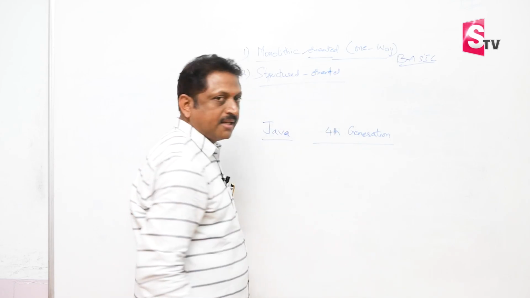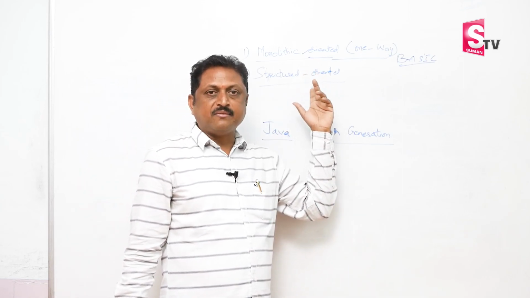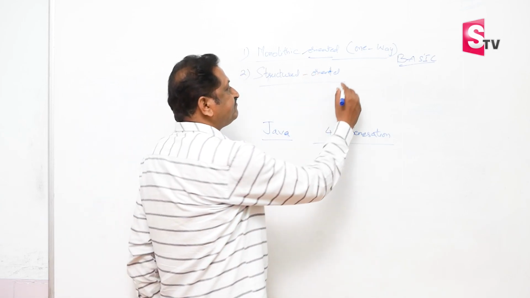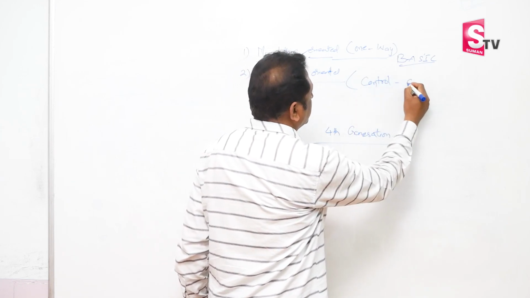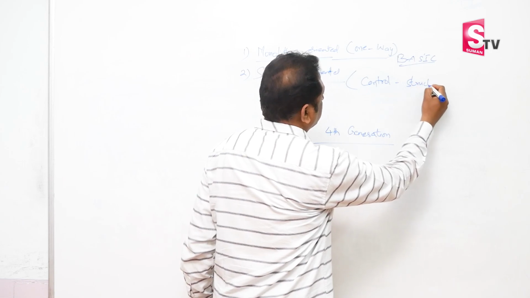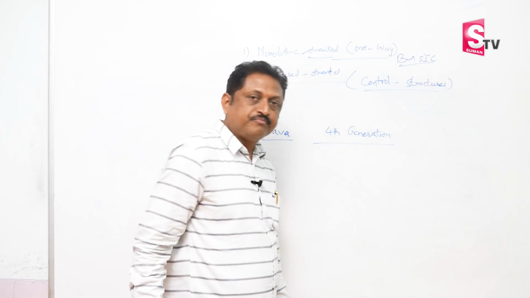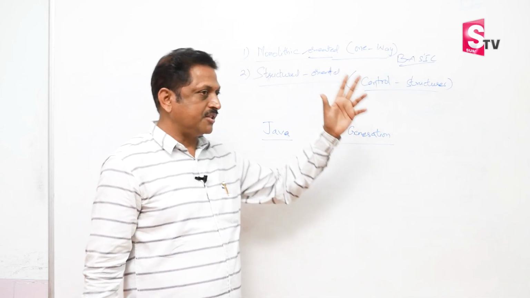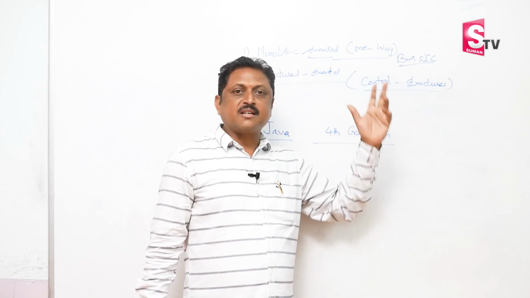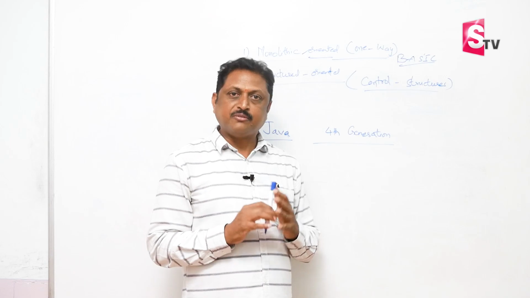In this structured oriented, one new technique, one tool was added, that is control structures. What are control structures? See here in the name, control structures. That means these structures are used to control the flow of execution of the program.